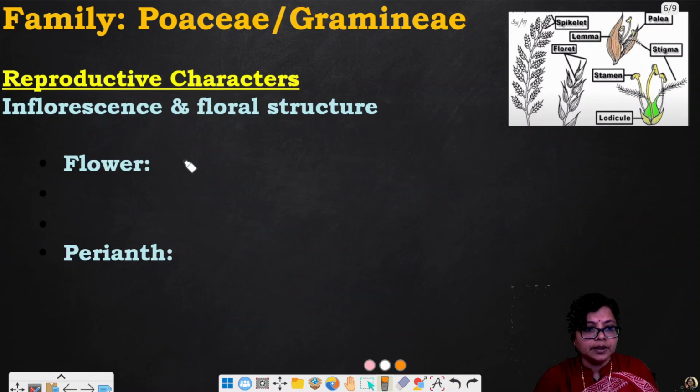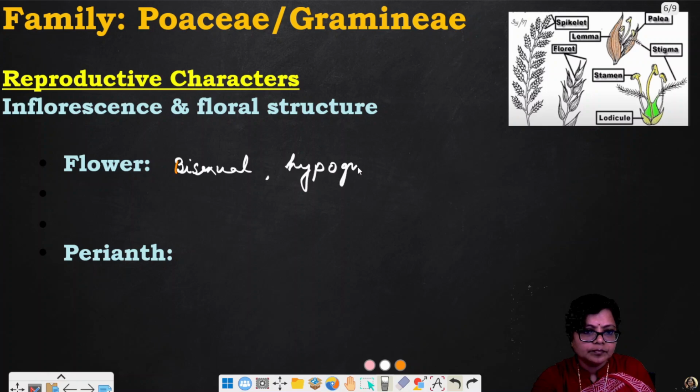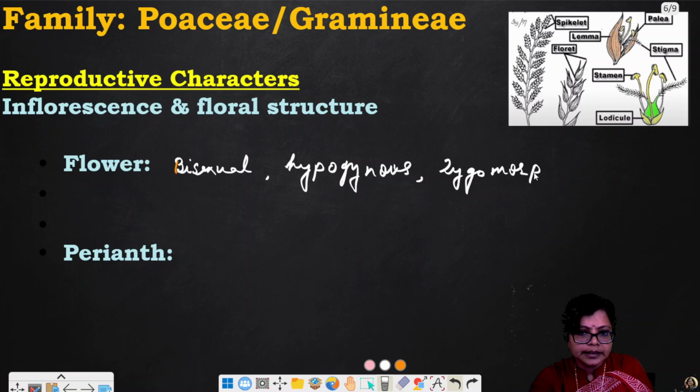So what have we learned just now? Flowers bisexual, hypogynous, and zygomorphic. That means the members show bilateral symmetry.